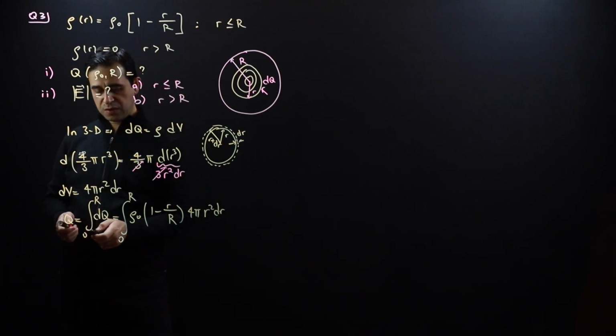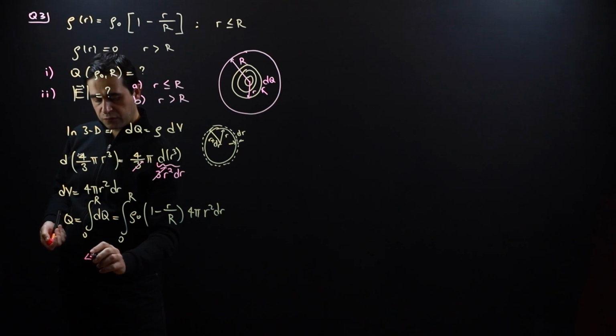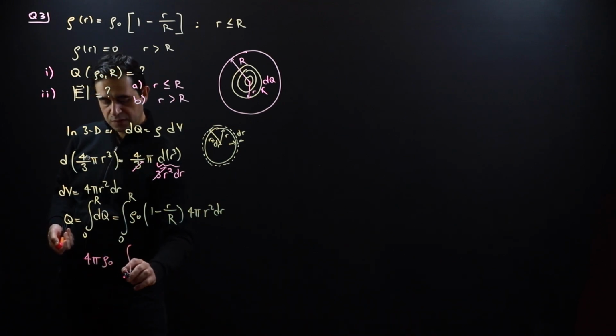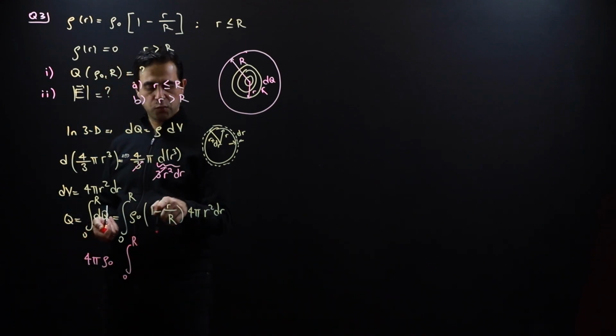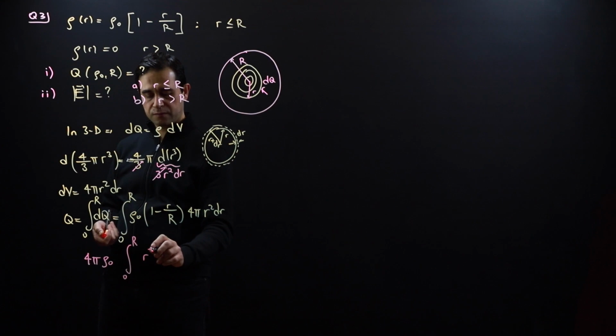So let me change colors. That would be, again, 4 pi is constant, rho 0 is constant, from 0 to R. And the first term is 1 multiplied by r squared.